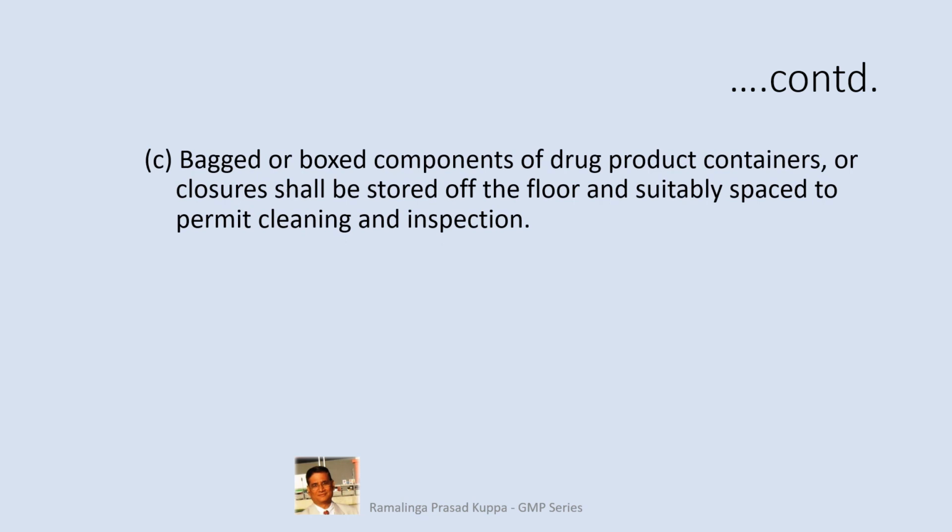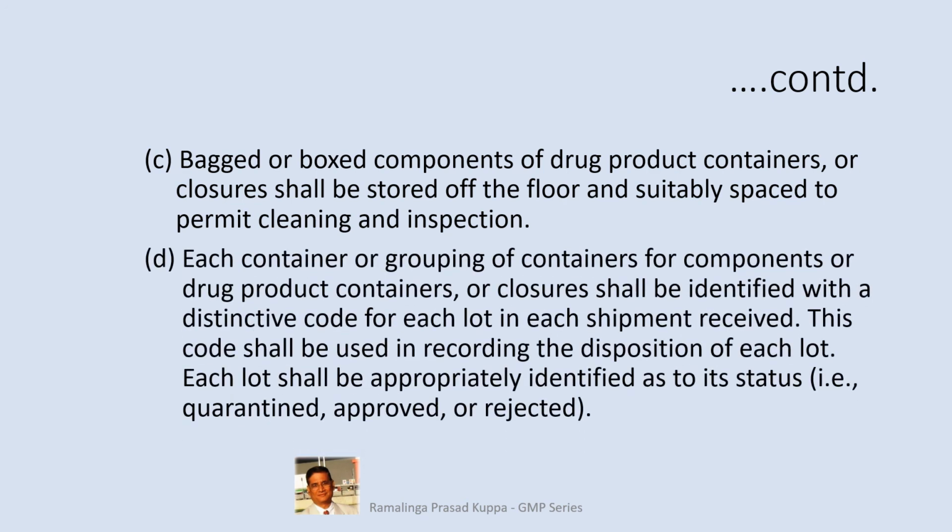Bagged or boxed components of drug product containers or closures shall be stored off the floor and suitably spaced to permit cleaning and inspection. Each container or grouping of containers for components or drug product containers or closures shall be identified with a distinctive code for each lot in each shipment received.